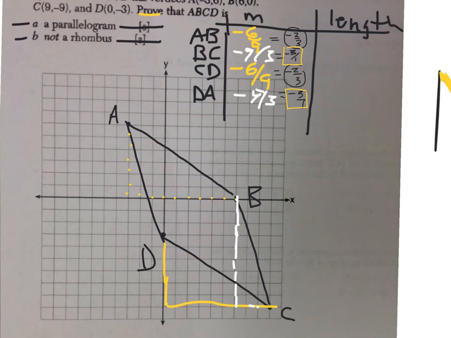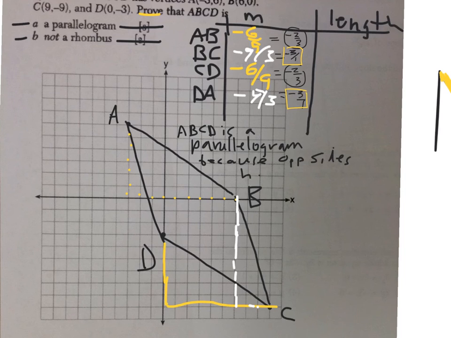And I have to write all that down below. So ABCD is a parallelogram. The reason is because opposite sides have equal slopes. Therefore, opposite sides are parallel.